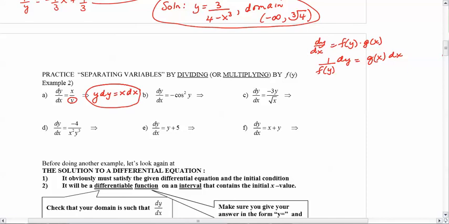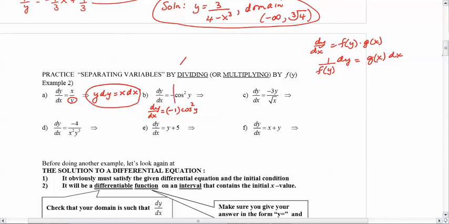B is a little trickier, because we don't even see a function of x. Well, anytime you don't see a function of x or a function of y, it really is lurking there as a 1. So I can rewrite my dy/dx as being -1 times cosine squared of y. And now I can do my separation.